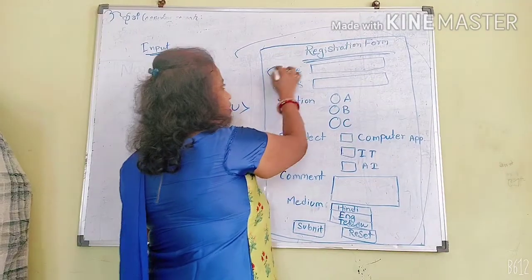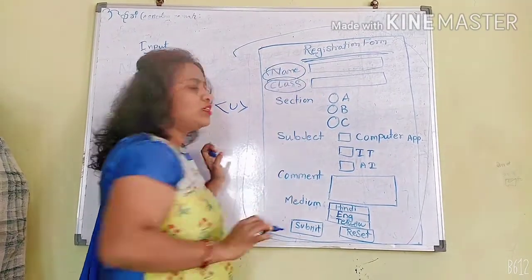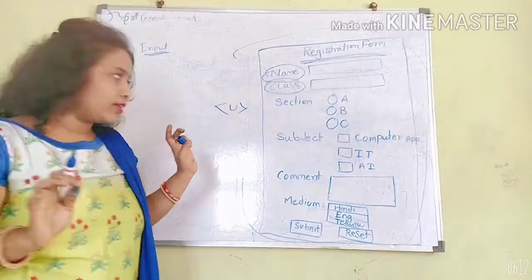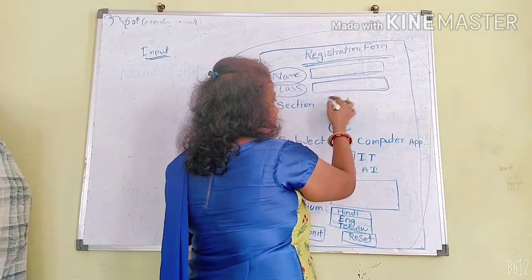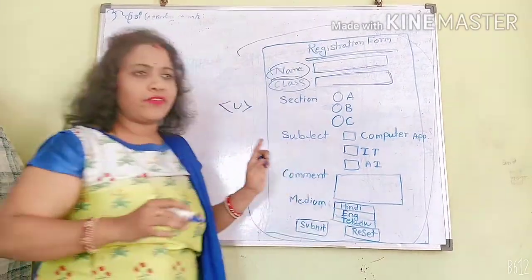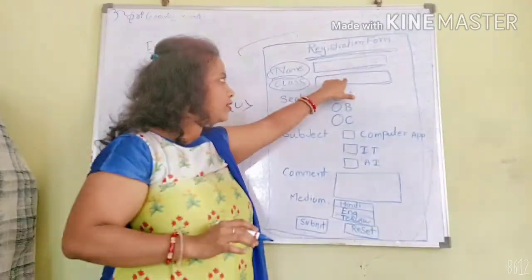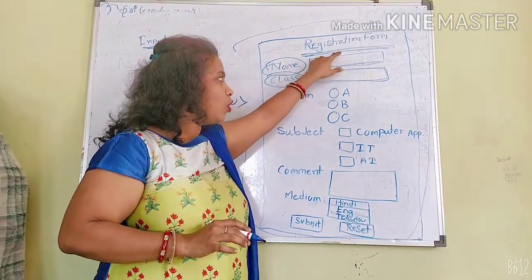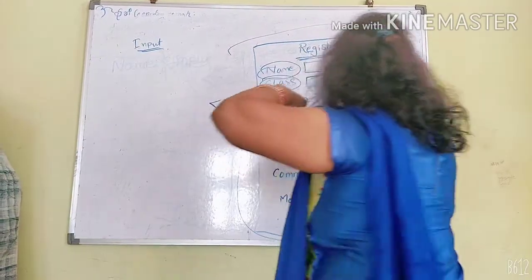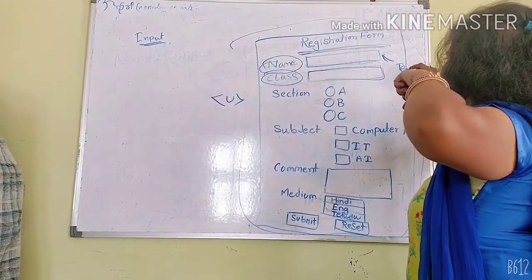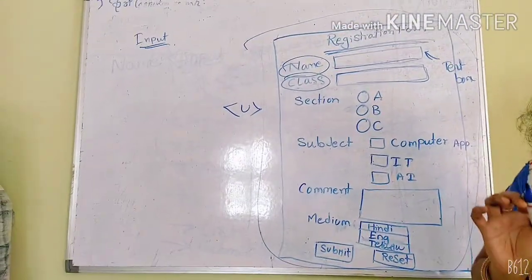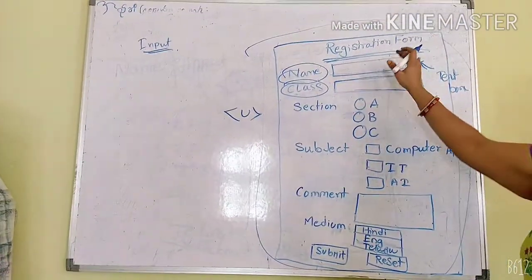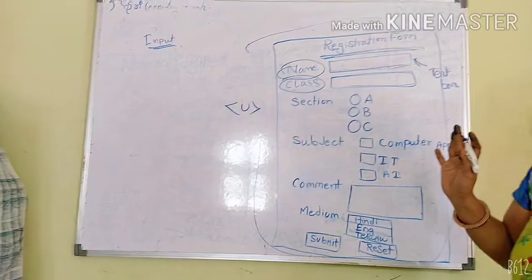The name is simply text that I'm using here. Clear? And here you're seeing some boxes and some circles and rectangles. These boxes are mainly used for the text box, or we can say these are single line controls.